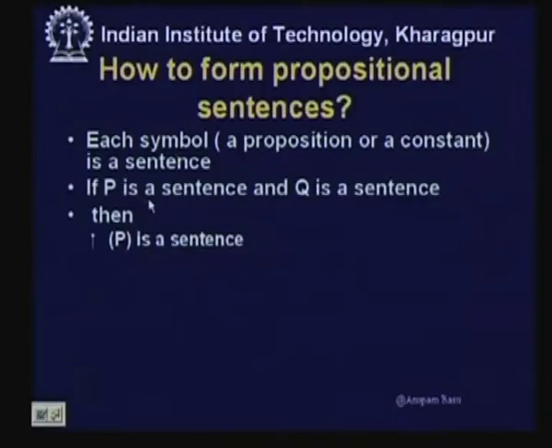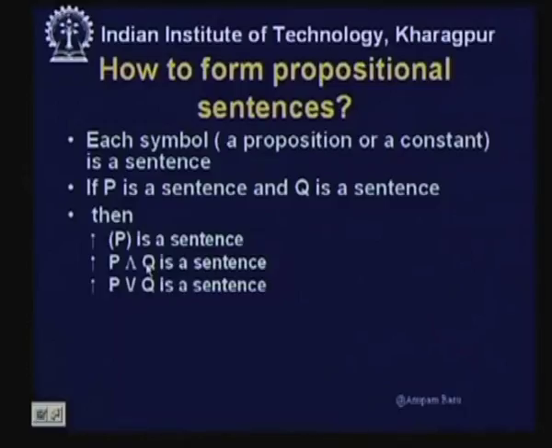If P is a sentence and Q is a sentence, then if we block them in parenthesis, it is a sentence. P and Q is a sentence. Similarly, P or Q is a sentence. If P is a sentence, not P is also a sentence.